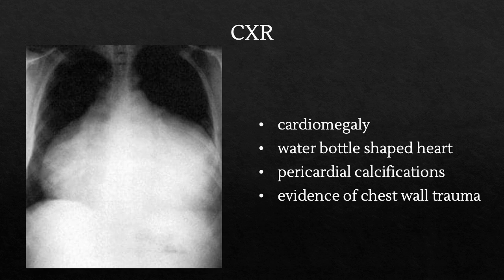There can be pericardial calcifications, but this is once again when it's a pericardial effusion because of clotted blood within the pericardial sac, or it can be something like TB causing inflammatory changes within the pericardium, causing a pericardial effusion. If it is a true cardiac tamponade, there might be evidence of chest wall trauma, but please do not rely on your chest x-ray to make the diagnosis of a cardiac tamponade.